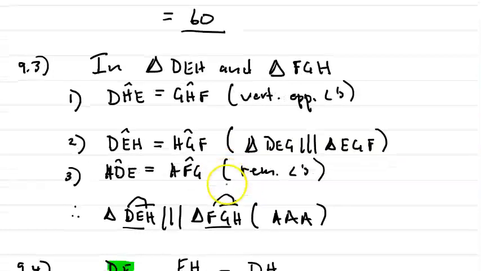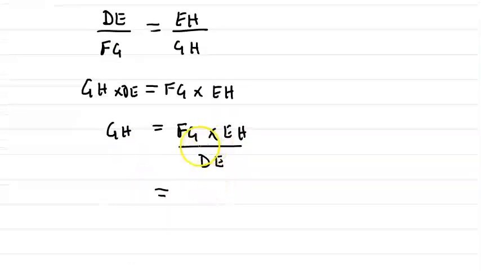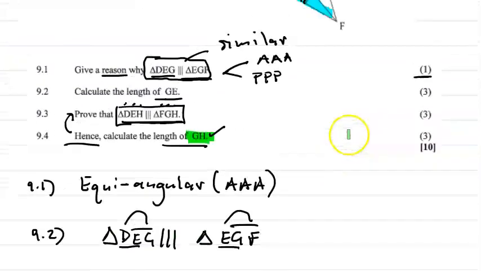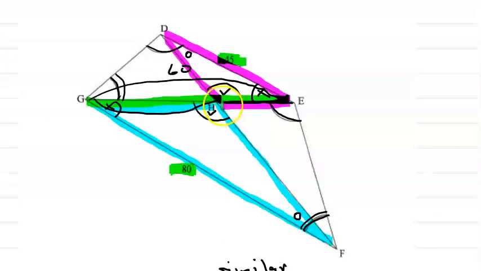Now let's look at DH. If you look carefully here, we've got FG, EH, and DE. So herein lies a slight problem for us. EH, we don't have the length of EH, and there's EH here.